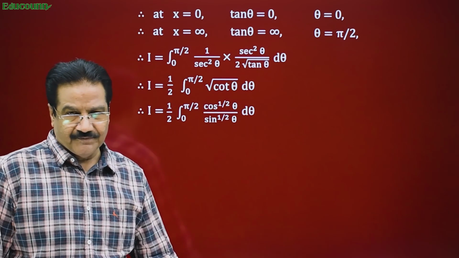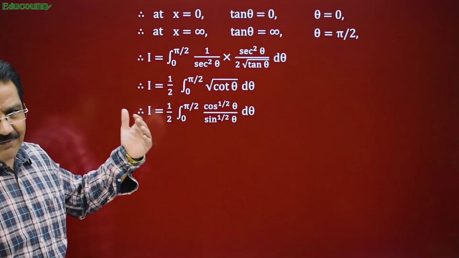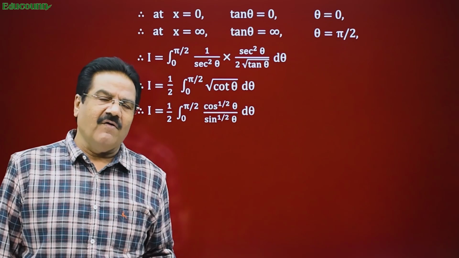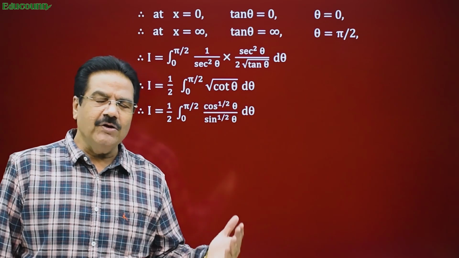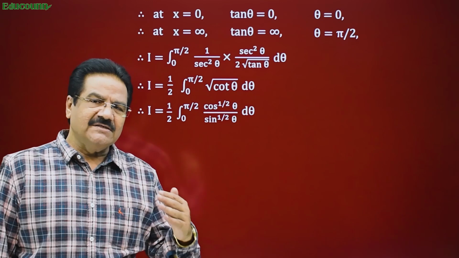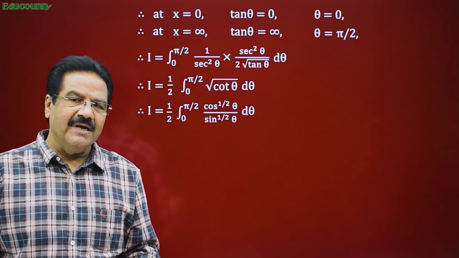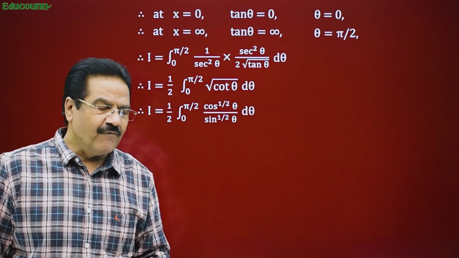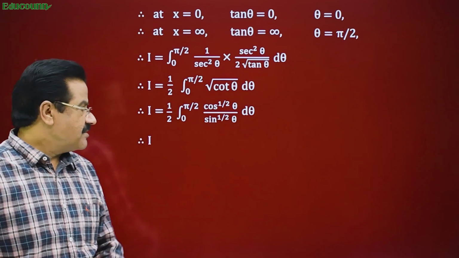Now we have a property in terms of sine raised to p into cos raised to q, and therefore we must have sine and cos both in the numerator, so we are going to do an adjustment over here.